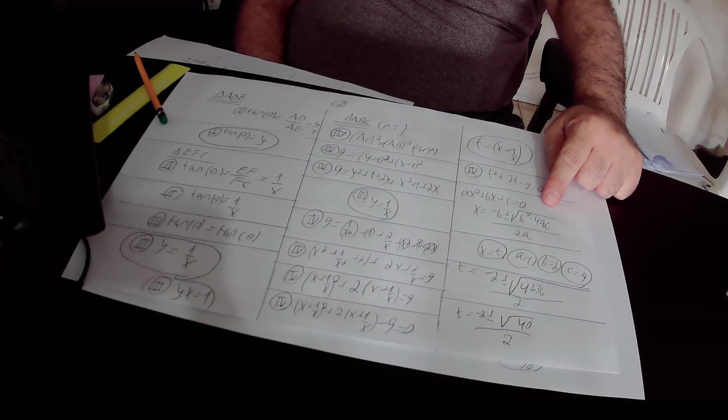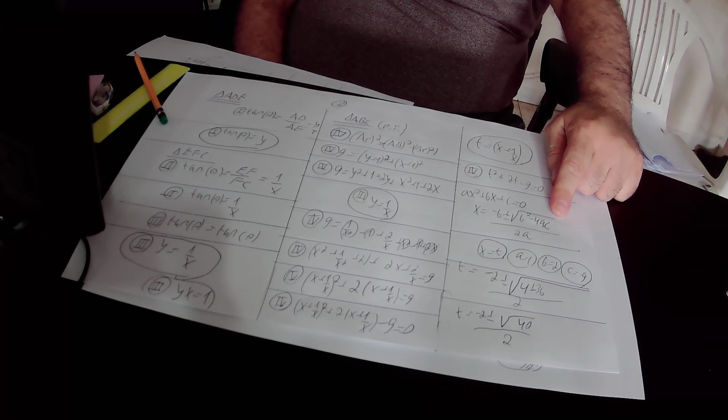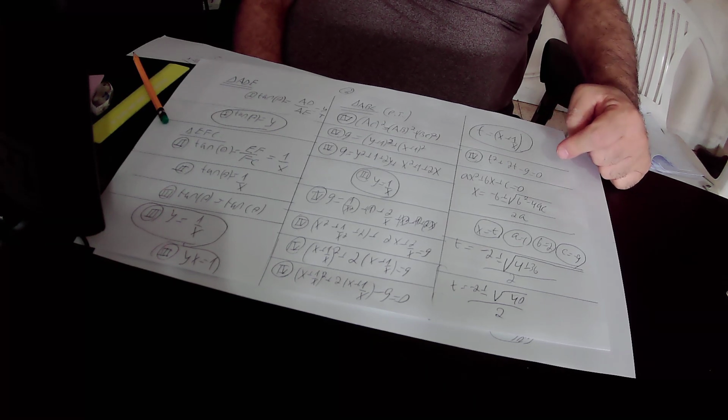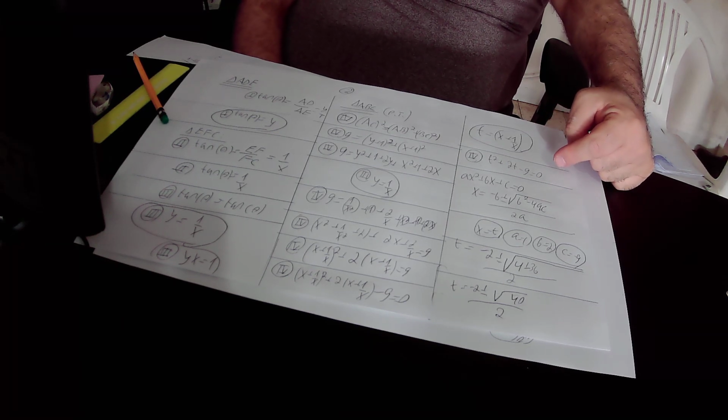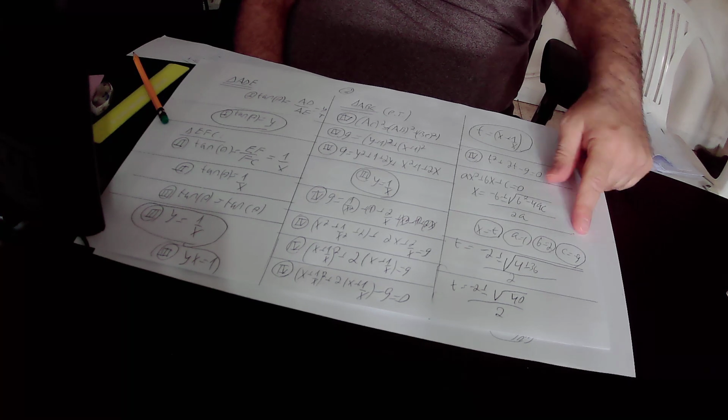The special formula for x is x equals minus b plus or minus square root of b squared minus 4ac, over 2a. So in our specific quadratic equation, the variable that we are looking for is t, so x equals t, a equals 1, b equals 2, and c equals minus 9.